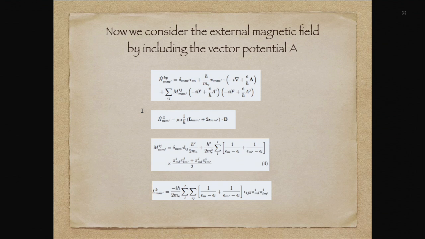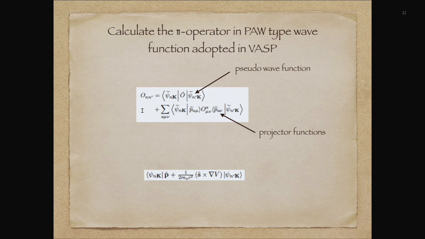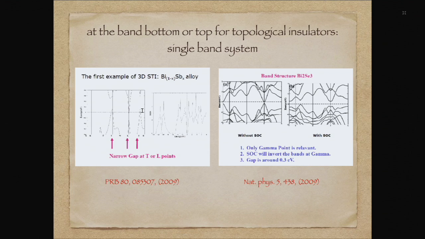So the only thing we need to know from first principles is the standard momentum operator, the matrix element of the momentum operator in the band basis. Using the pseudo-potential method, we can compute these matrix elements, and we can develop a first principle method to calculate the g-factor for real materials.